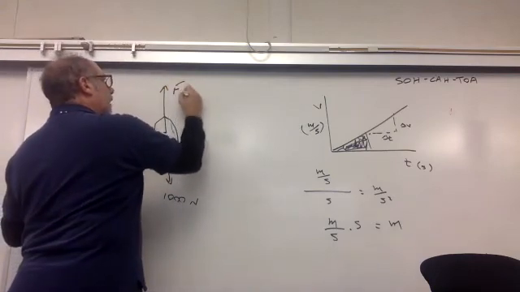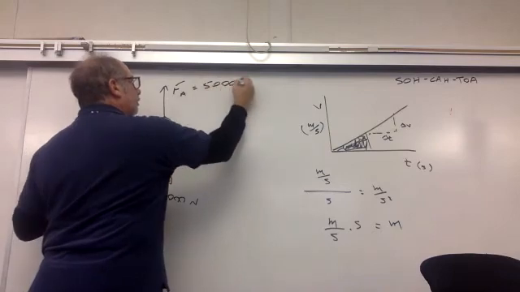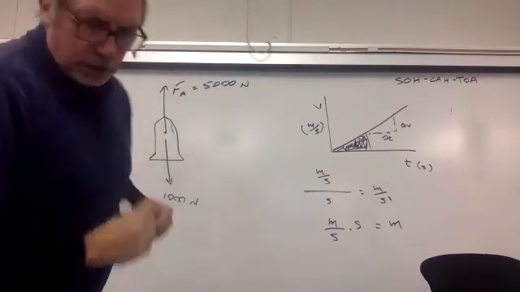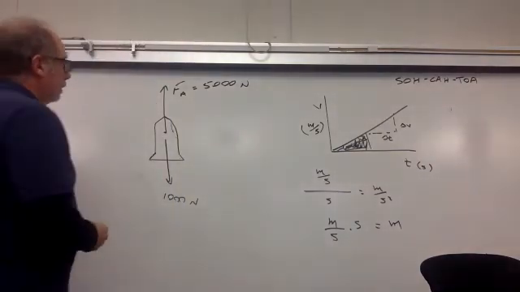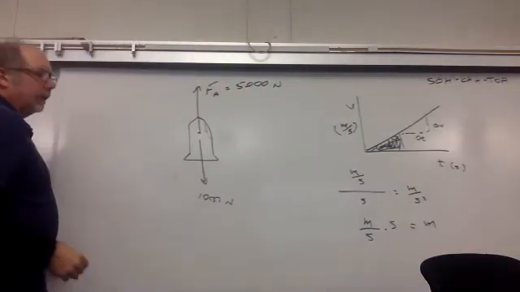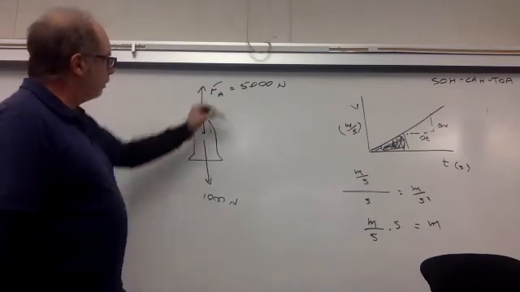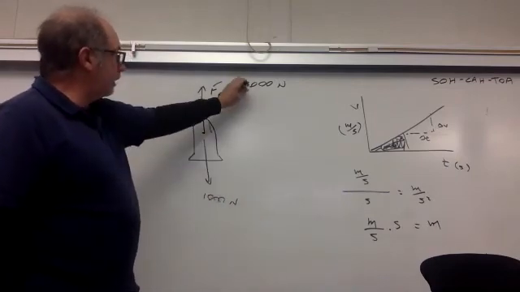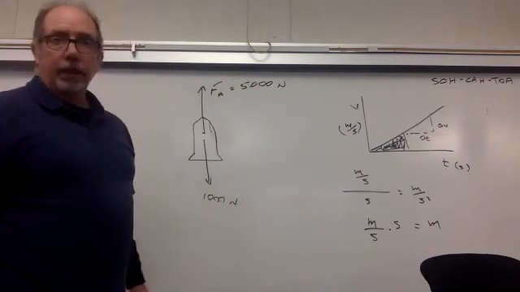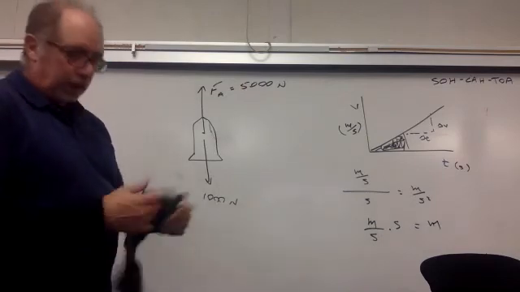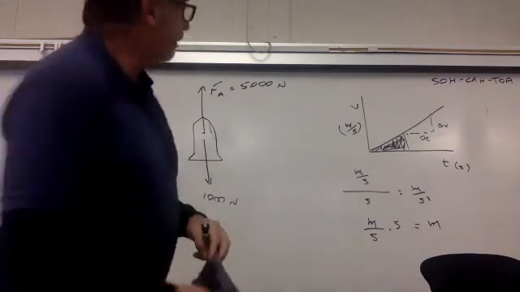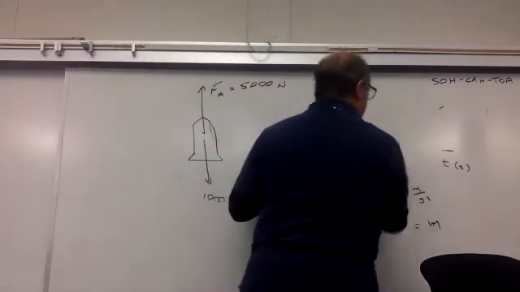So the force applied is 5,000 newtons. The rocket accelerates upward at 5 meters per second squared. Okay, I agree that the rocket accelerates up because the applied force is greater than the weight. So yes, if it just said the rocket accelerates upward, that would be true. But if it said at 5 meters per second squared, now we have more work to do.